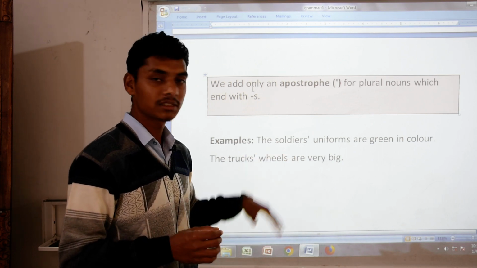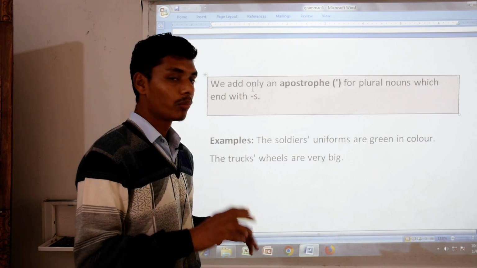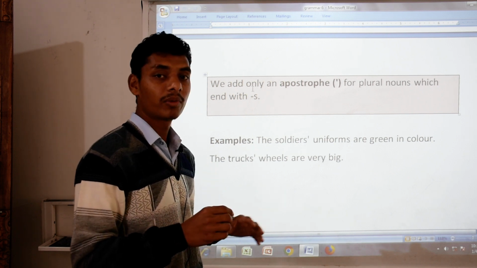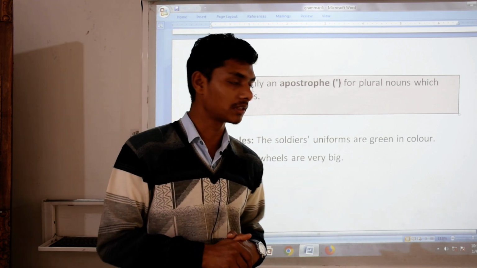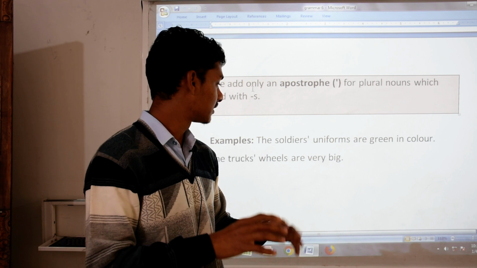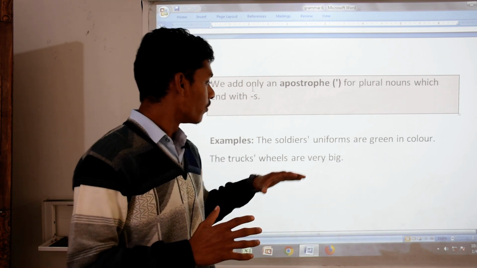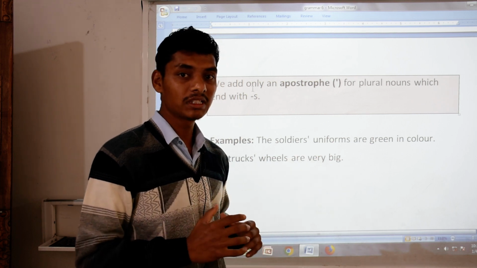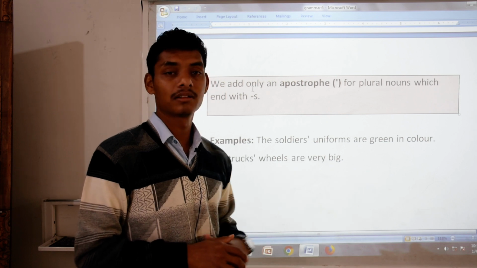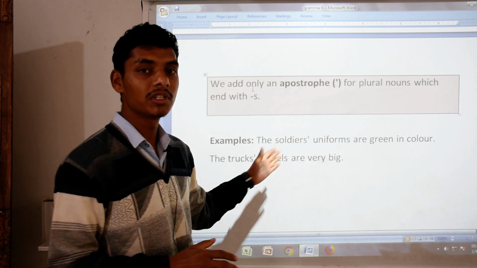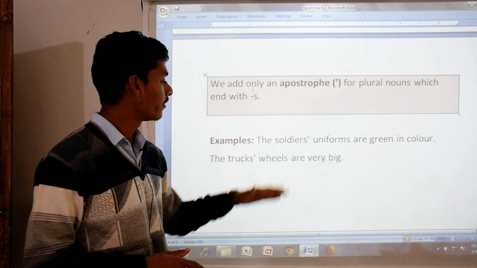So the noun is plural, ending with S. So after S we use the apostrophe sign, in the sense of belonging to the noun. So what belongs to the soldiers? The uniforms, which are green in color, belong to the soldiers. And the second one, the trucks' wheels are very big.